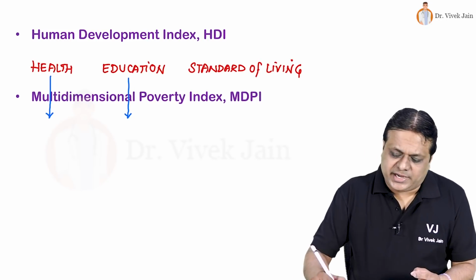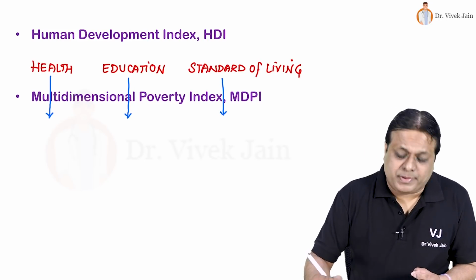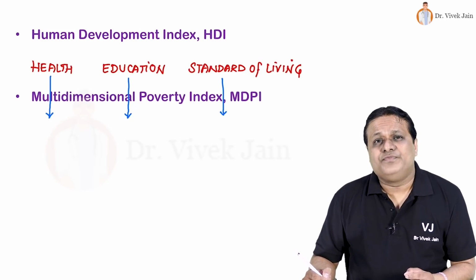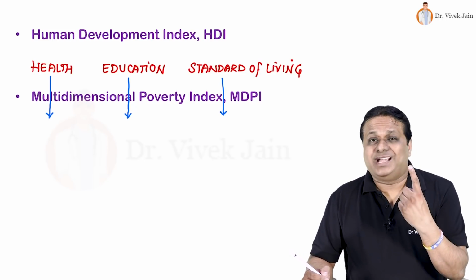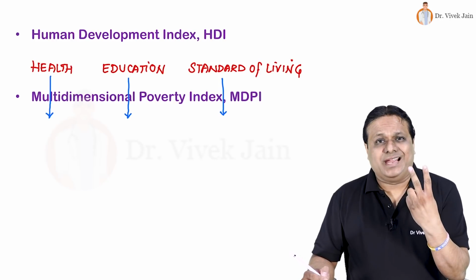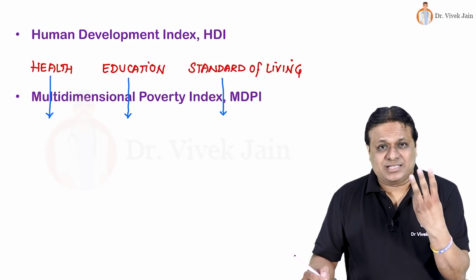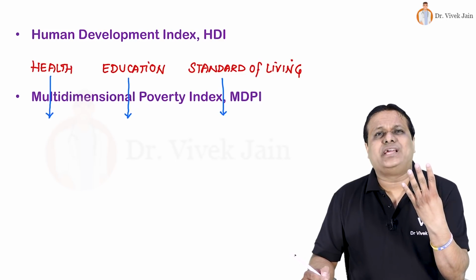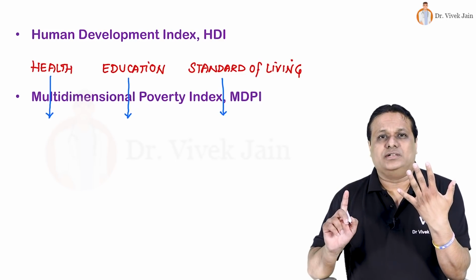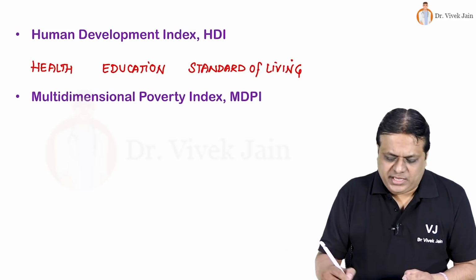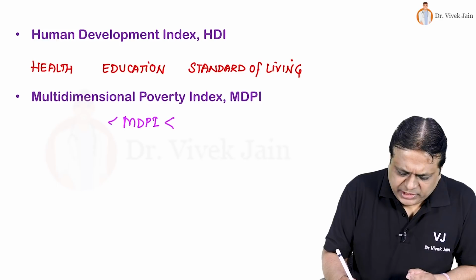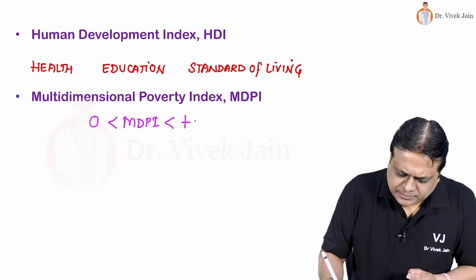And when we look at standard of living, that is based on a total of 6 sub indicators. What are these? These include fuel, that is cooking oil, electricity, assets, toilet or the sanitation, along with that housing and water. Just like HDI, MDPI lies between 0 to +1.